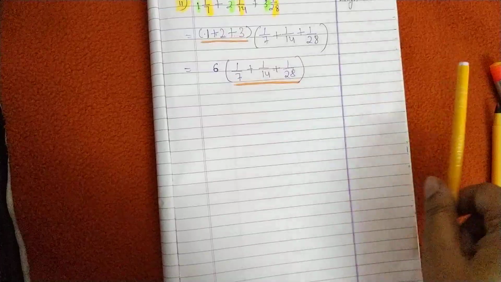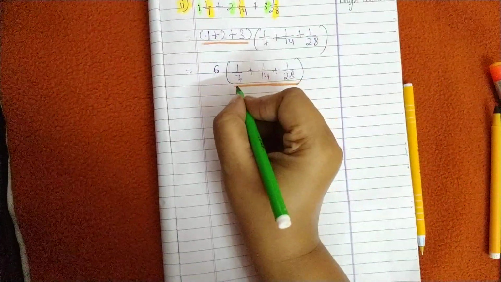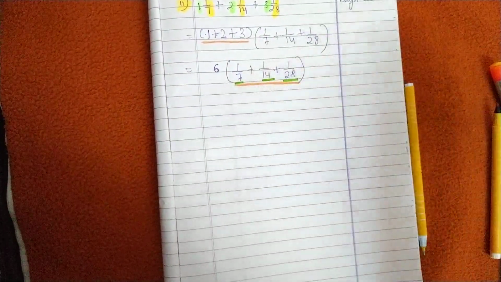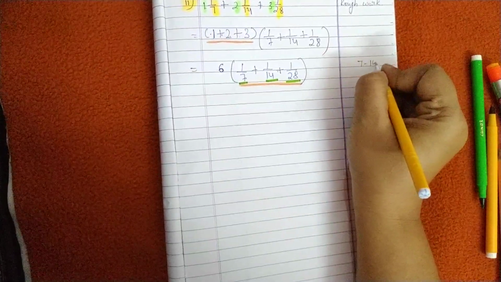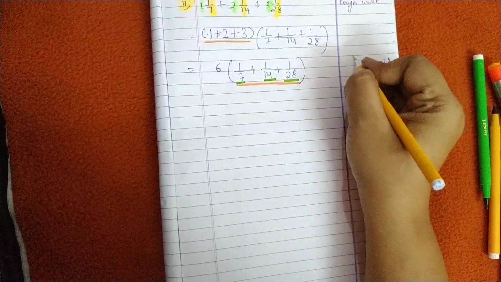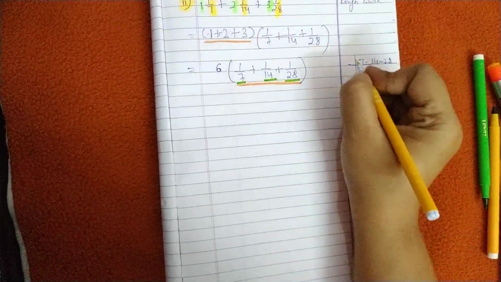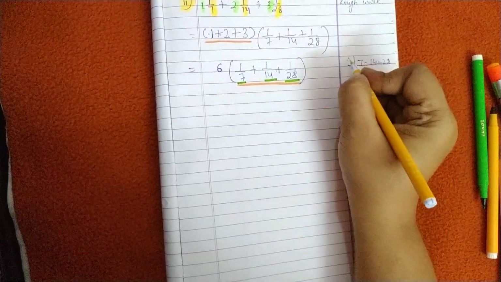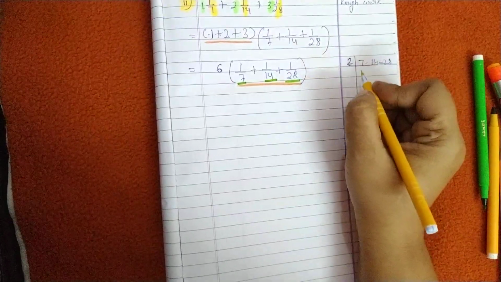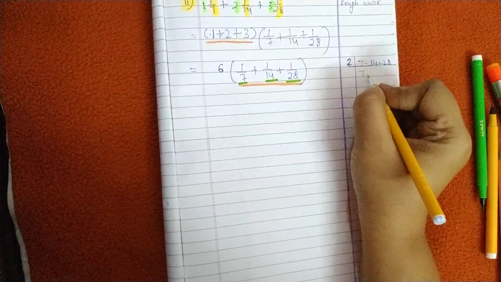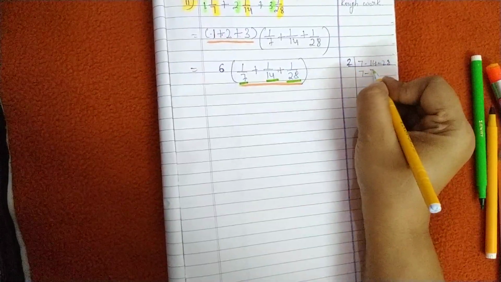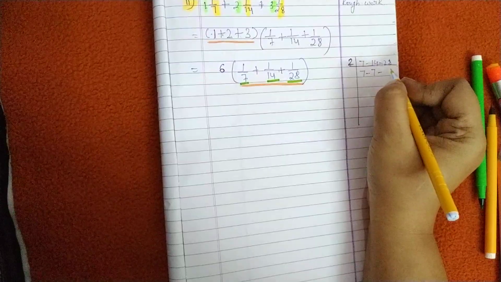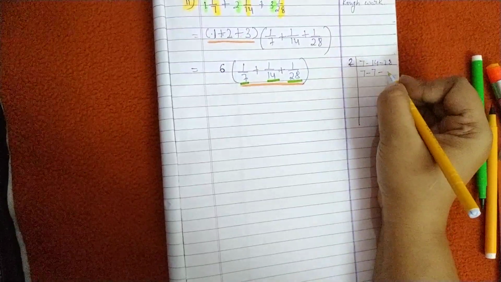So what are the different denominators here children? 7, 14 and 28. Yes, so I am going to write here 7, 14, 28. This much is clear. Now, 2. I always start from the smaller number children. 7 will never come in 2's table. Write it like this. 2 times 7 is 14 and 2 times 14 is 28.